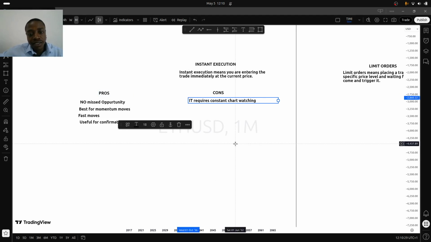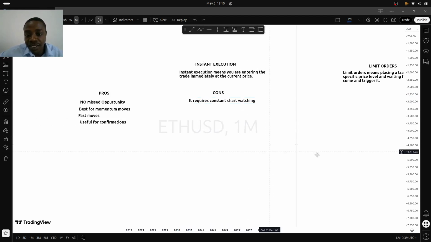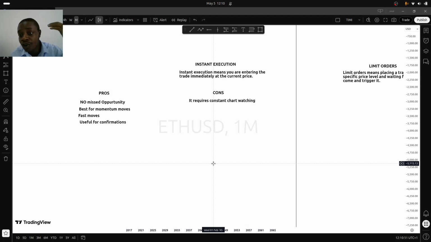If you want a calm trading mindset, most times it works well with limit orders, because your brain is not taking much of your brain power. You just place the limit and leave.